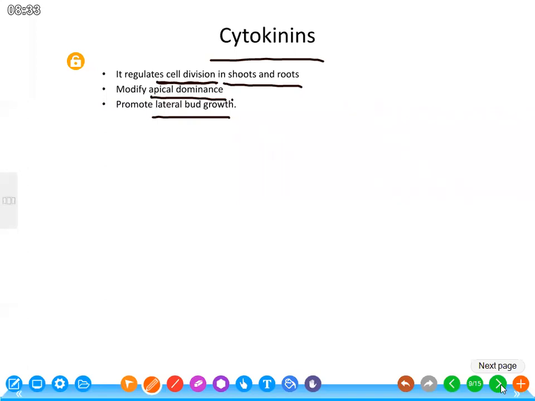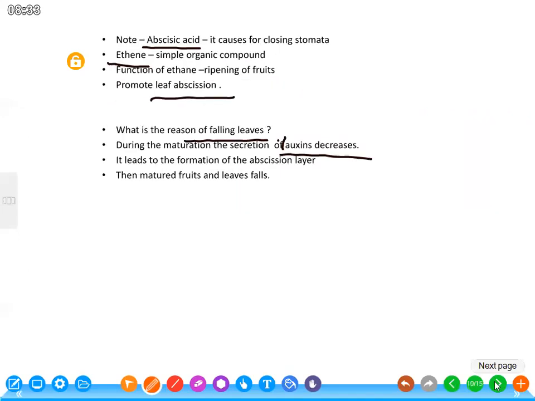The main functions: it regulates cell division in shoots and roots, modifies apical dominance and promotes lateral bud growth. Then, this is a special point, abscisic acid, it causes closing of stomata, and ethylene's function is ripening of fruits and promoting leaf abscission.